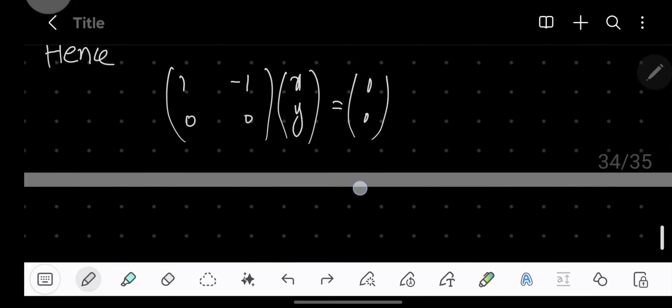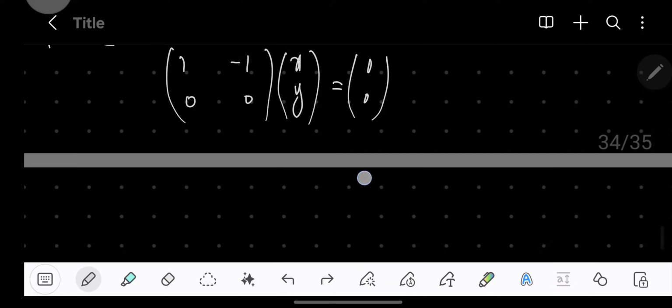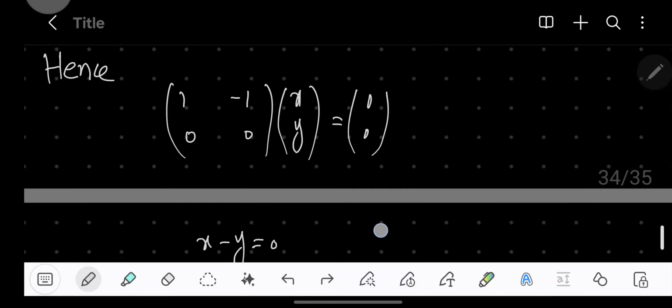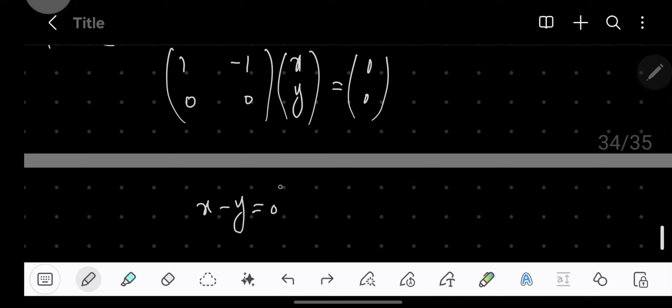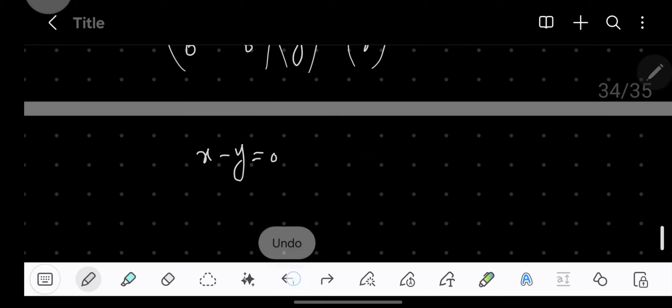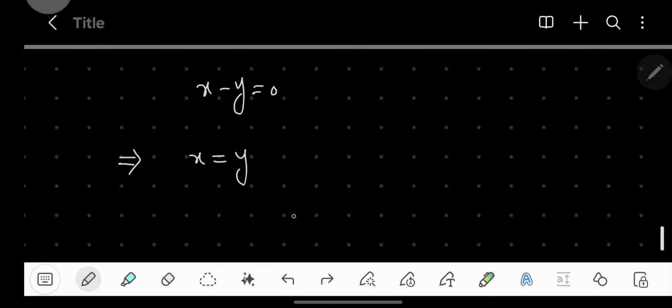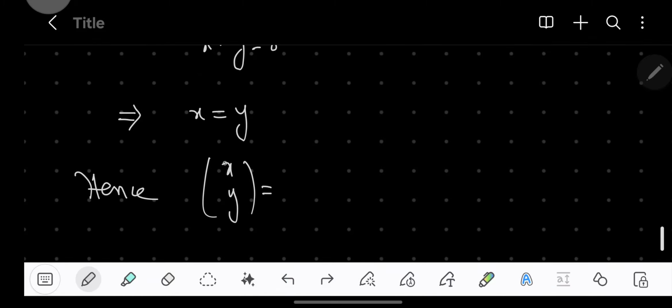If I multiply this matrix with this matrix, then we will end up with x minus y is equal to 0. So from here, if I take y to the other side, I will get x is equal to y. So the eigenvector can be written as x comma y, and in place of x I can put y, because x and y both are equal, so I can put y comma y.